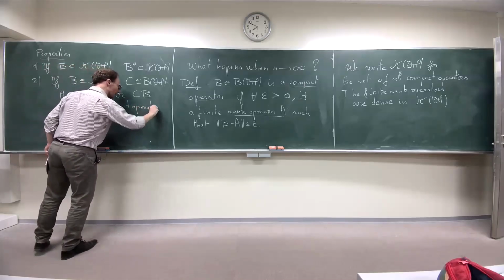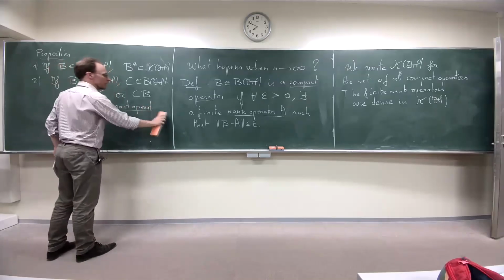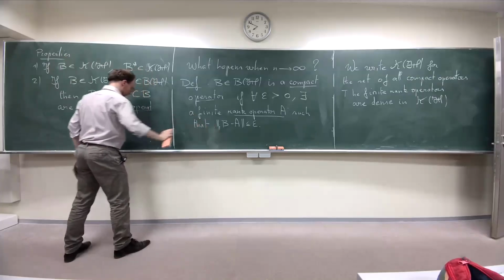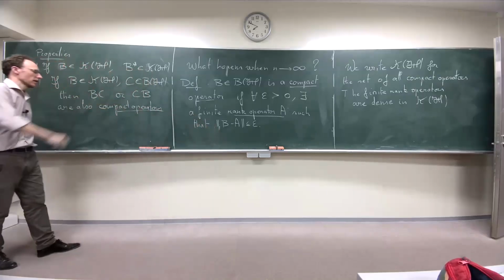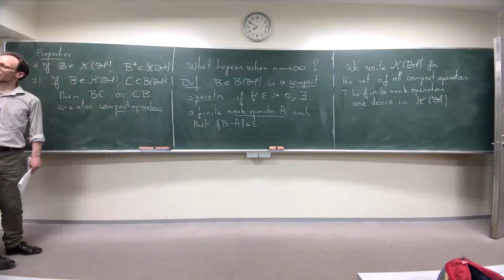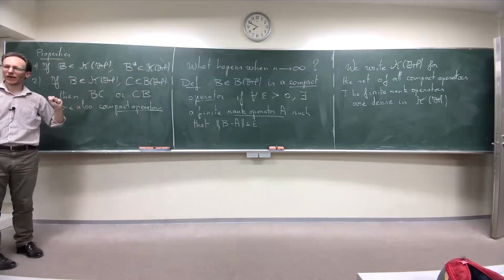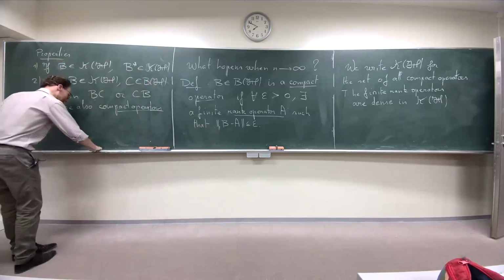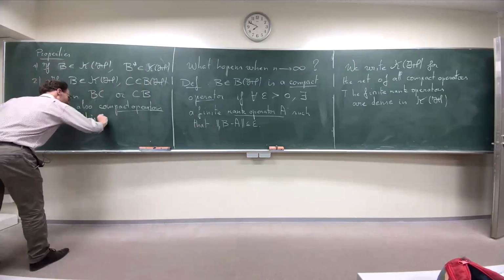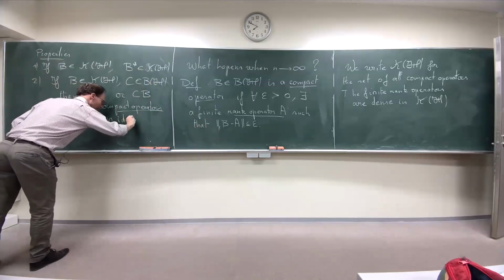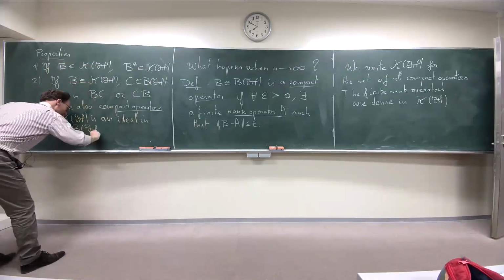It's a nice exercise. If you want to understand what this means, try to make this exercise. Check that this is true. And it has a name. You remember from the first chapter, whenever something is attracting. Yes, correct. K of H is an ideal in B of H. It means it attracts.